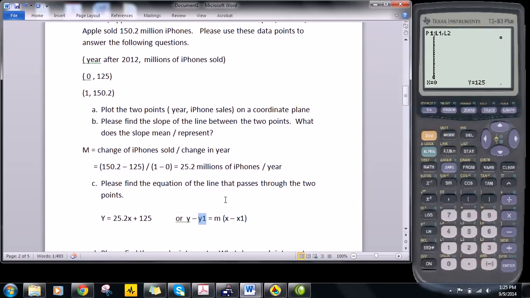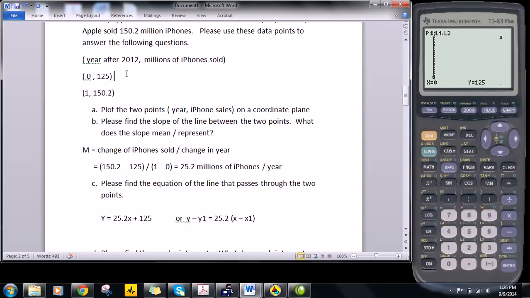So the point through which the line travels goes in for x1, y1, any of the points really. So I already have the slope, 25.2. And now I just have to take either one of these 2 points through which the line travels. And if you do it correctly, you'll get the same solution no matter which point you choose.